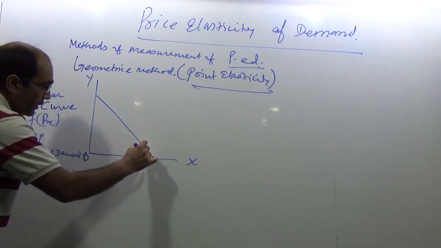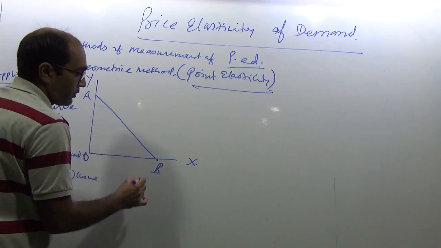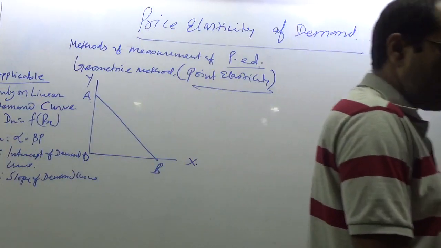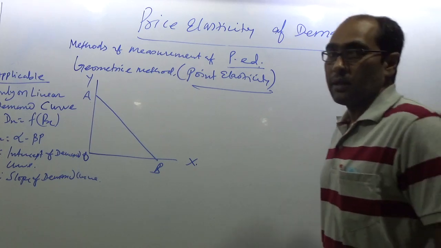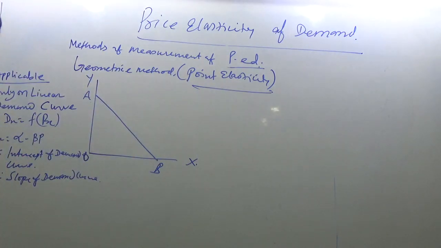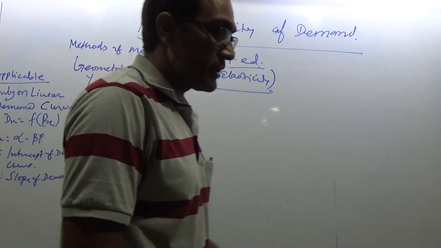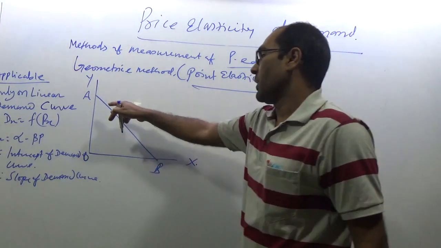See a linear diagram AB, a diagram of a demand curve. One linear diagram we have to take, A to B, a straight line demand curve. From this approach, you can calculate the elasticity on any point of AB.